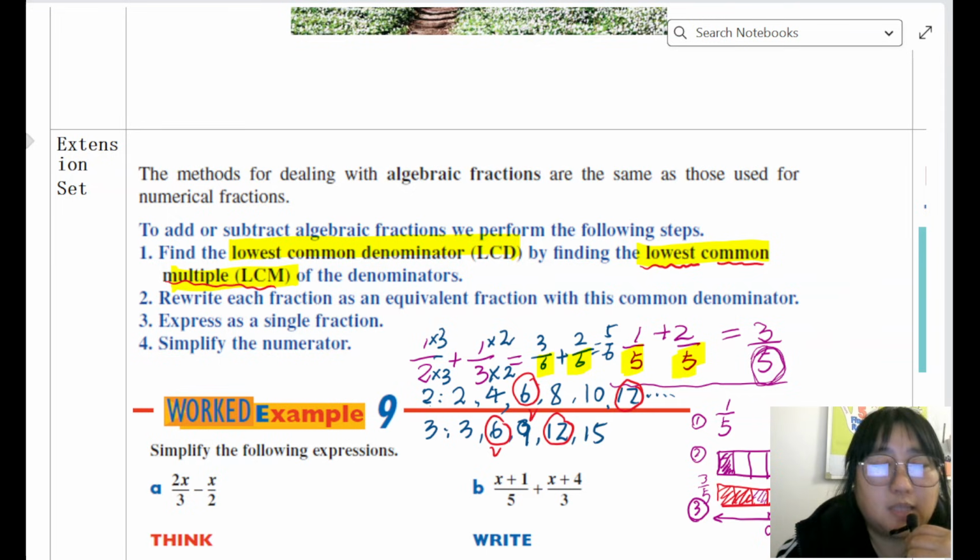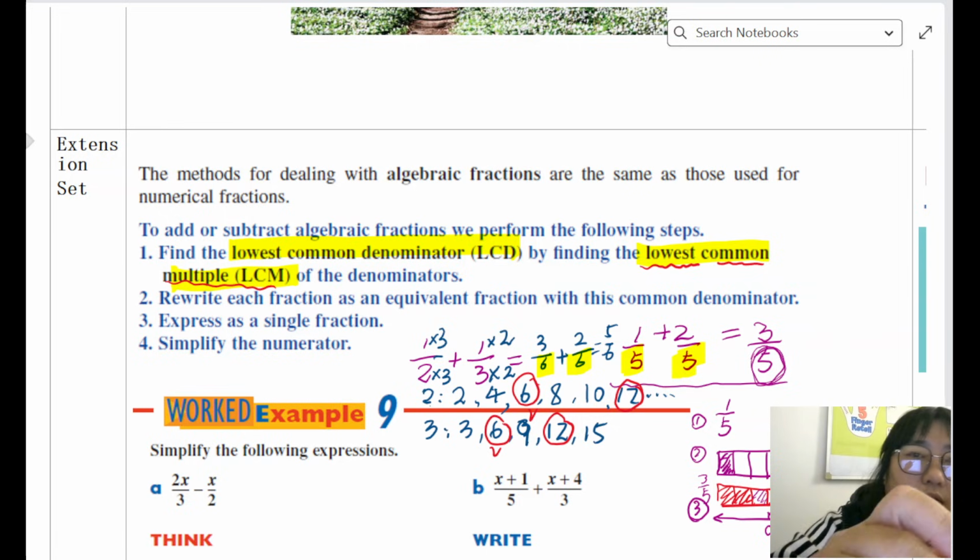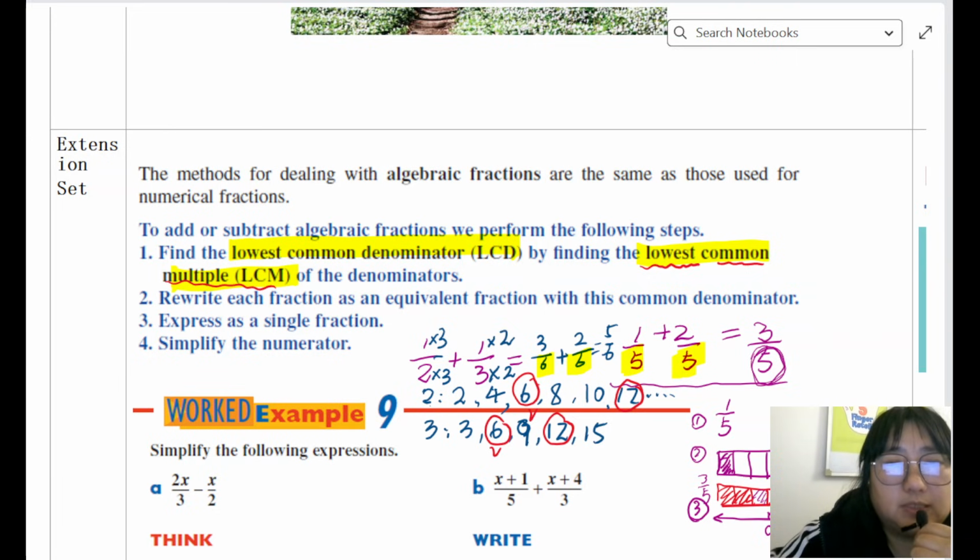We do the same way for algebraic fractions. Here they give us some notes, so I will highlight the notes, then we go to the first example. When you want to add or subtract algebraic fractions, we follow these steps.